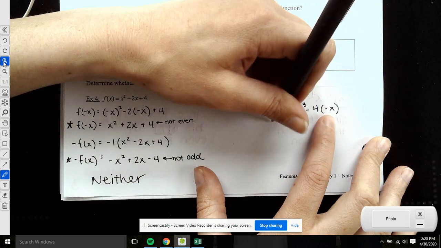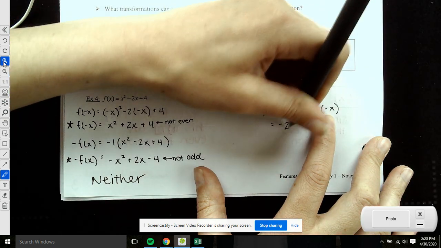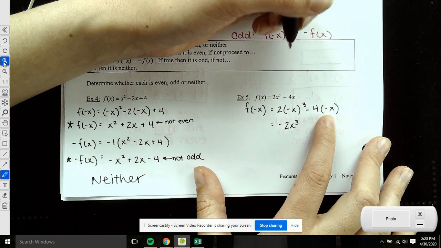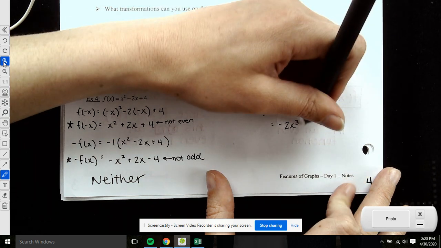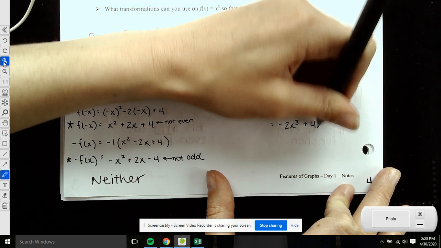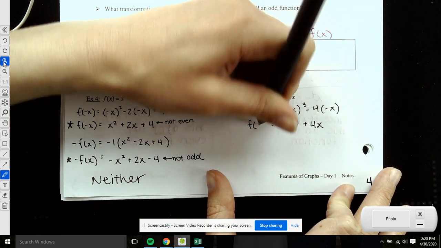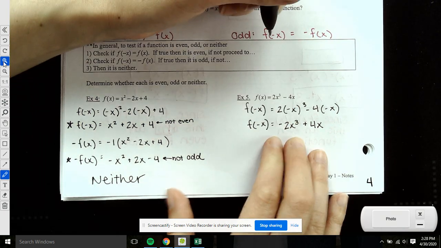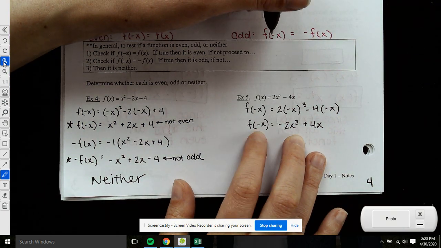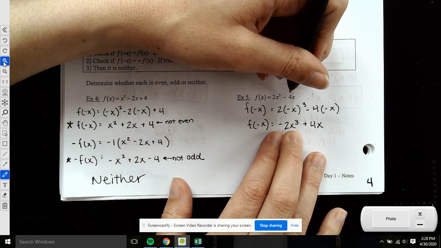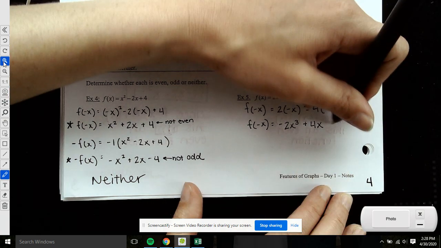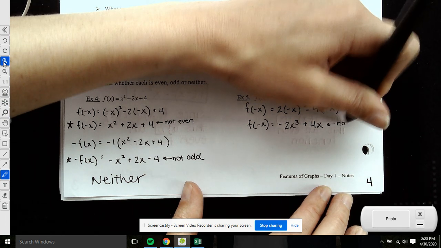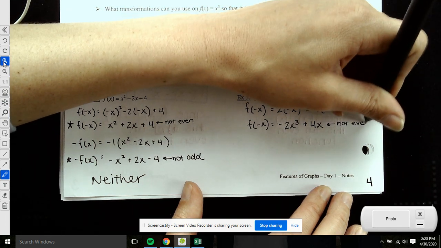So this first part is going to end up being negative 2x cubed. And then this would end up being plus 4x. So right off the bat, I can tell that this is not even because f of negative x, negative 2x cubed plus 4x, is not the same as 2x cubed minus 4x. So right here, I can say it's not even.